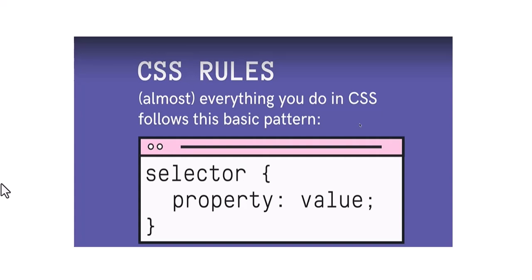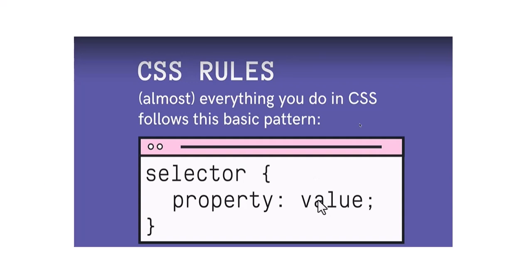So selector, and then we have brackets. Inside the brackets is the property, which type of property you want to apply, like the color, the background color, the width, font size, height, line spacing, etc., and we set the value.